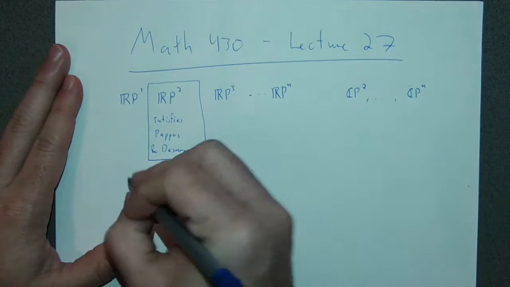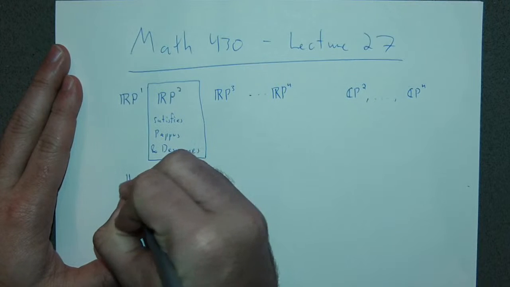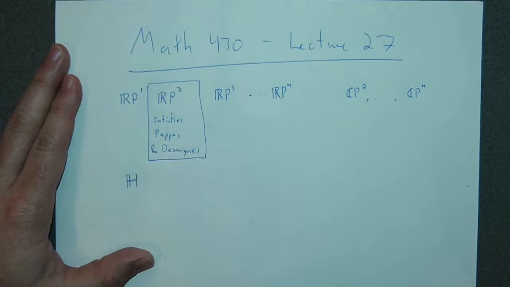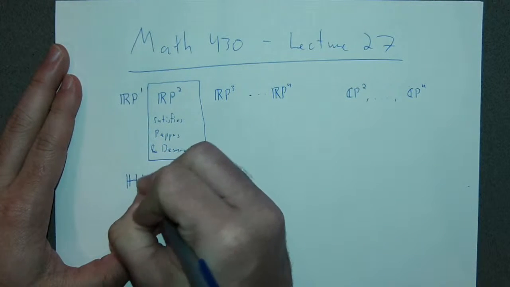So the Quaternions themselves are not a field, of course, because they don't satisfy the commutative property.